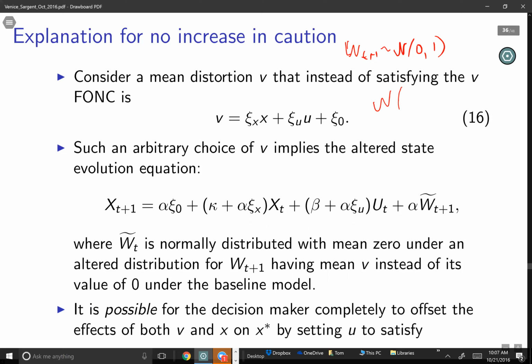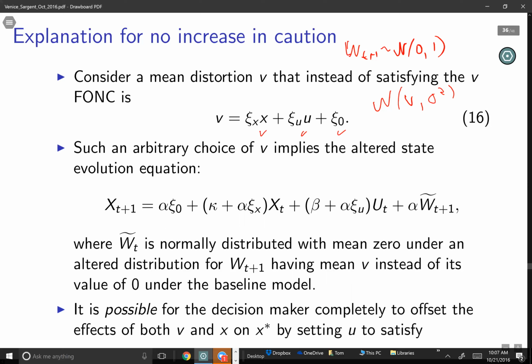It's going to turn out we want to keep it normal because of a quadratic objective. We're going to replace this with V and something else, and we're going to make V depend on the state and the control and a constant. So we're going to change everything. That means we're going to pull a rug out from under the decision maker.